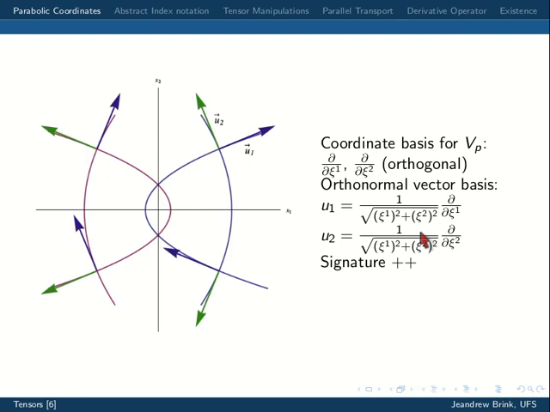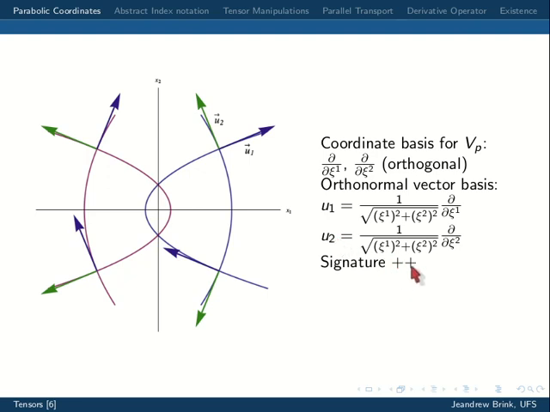Just another thing: even though the components of this matrix are functions of C1 and C2, its signature is +1 +1, because if you put G(U1, U1) in there, you're going to get a plus, and G(U2, U2), you're also going to get a plus.